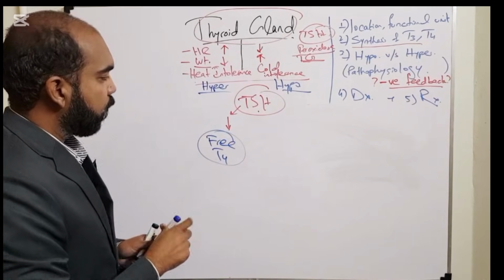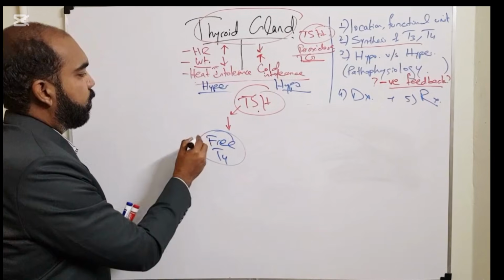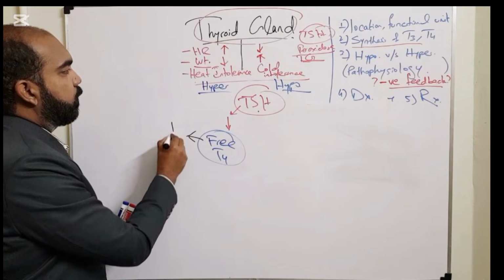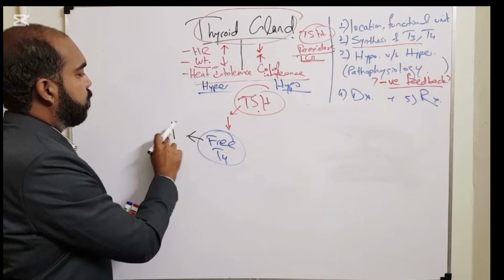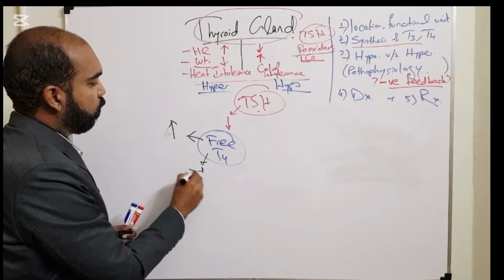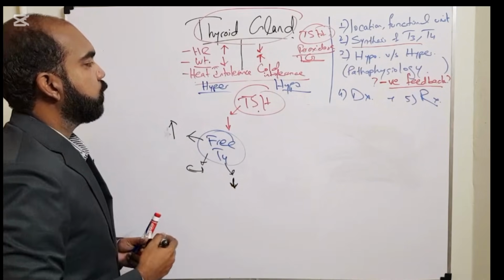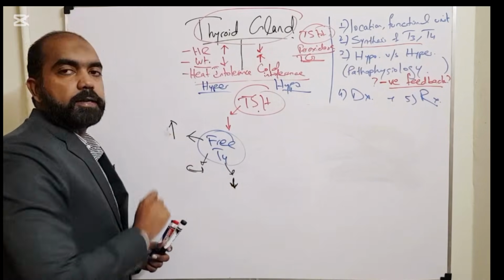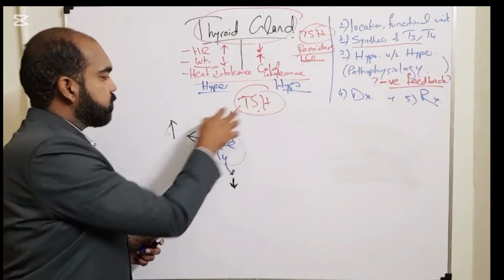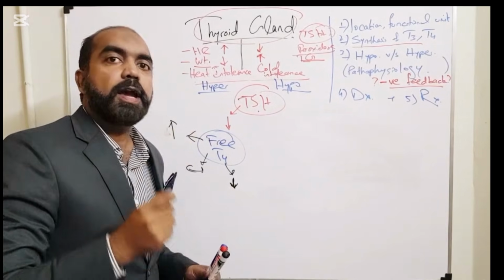The free T4 now can be increased, normal, or decreased. So if the TSH is decreased and free T4 is increased, this is a case of primary hyperthyroidism.